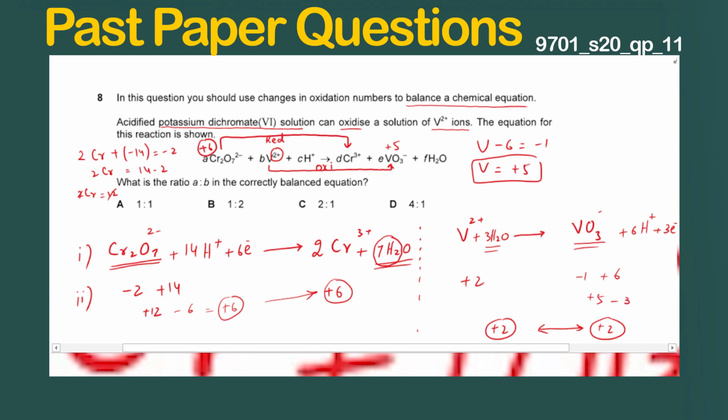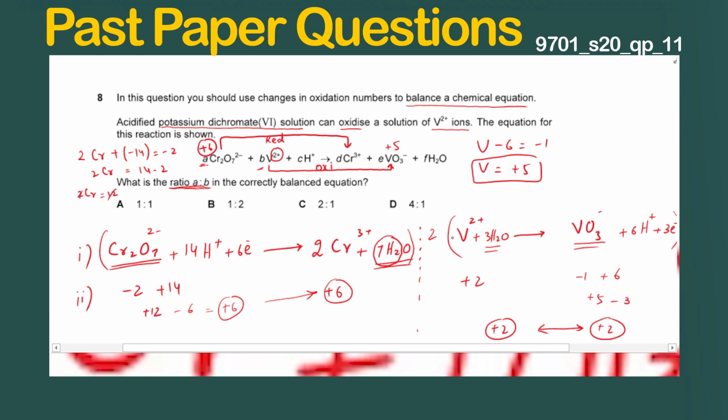So, beta, we have to find out the ratio of A and B. This is A and this is B. Now there are 3 electrons and there are 6 electrons. So I have to put 2 here so that electrons can be balanced on both equations. Okay?